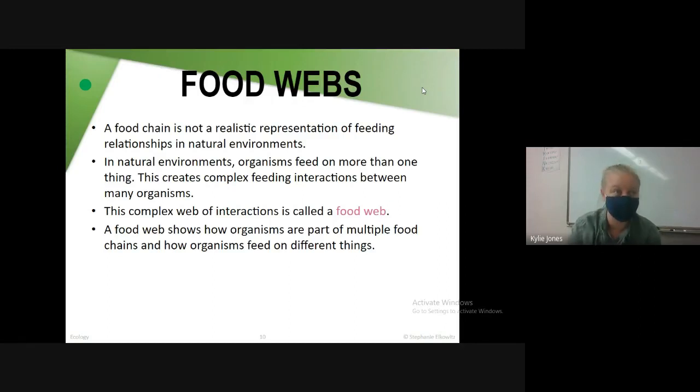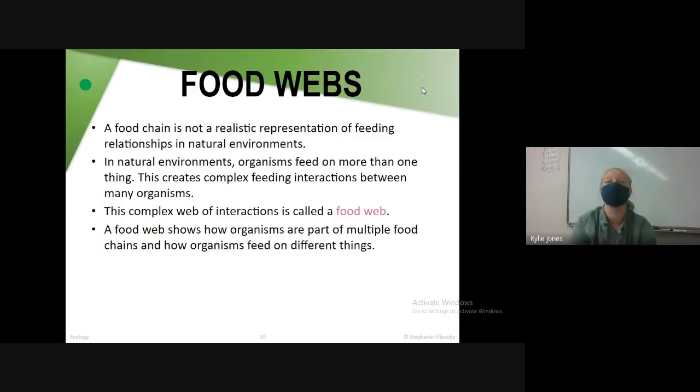So yesterday we talked about the rabbit eating grass, a snake eating a rabbit, and the owl eating the snake. That's not the only thing that they eat. They eat other things too. So the food web incorporates all of those other things as well, creating a complex feeding interaction between many, many organisms.